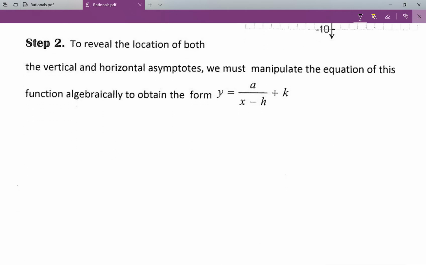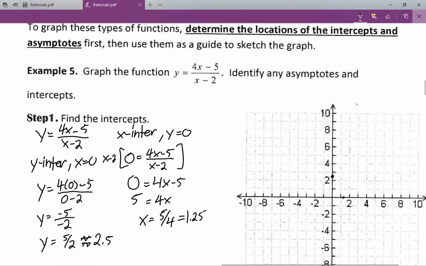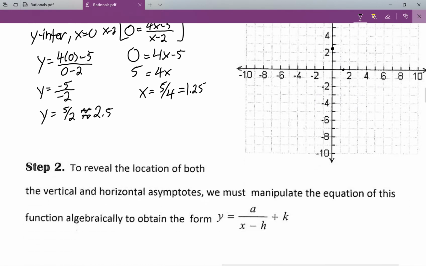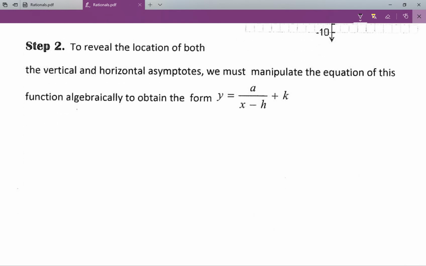Moving on. To reveal the location of both the vertical and horizontal asymptotes, we must manipulate the equation of this function algebraically to obtain the form y equals a over (x minus h) plus k. So my initial function is y equals (4x minus 5) all over (x minus 2).